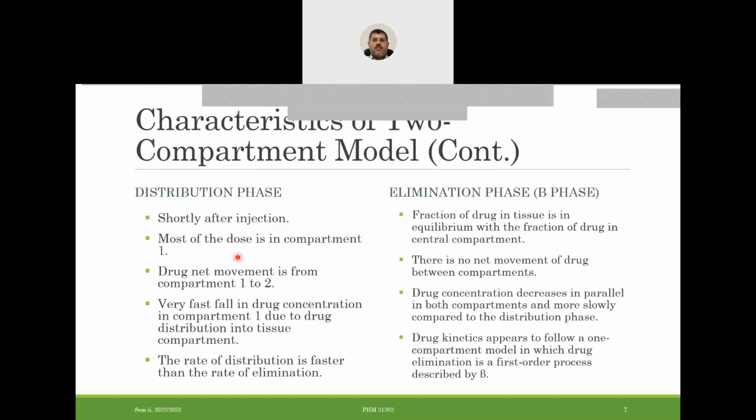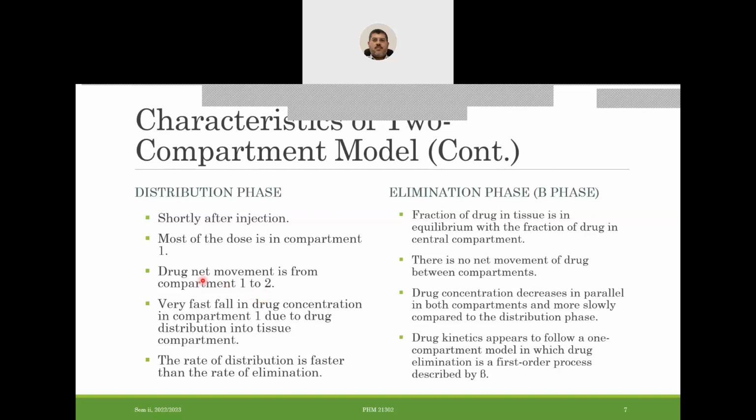Okay. Then when we talk about drug net movement, there is net movement in the distribution phase from 1 to 2, meaning the ratio is changing. When I'm talking about net movement, I didn't say movement only. You have to pay attention to this. I didn't say drug movement, because drug movement happens between the two compartments, as we explained, all the time during the alpha and beta phases. Here I'm talking about net movement.